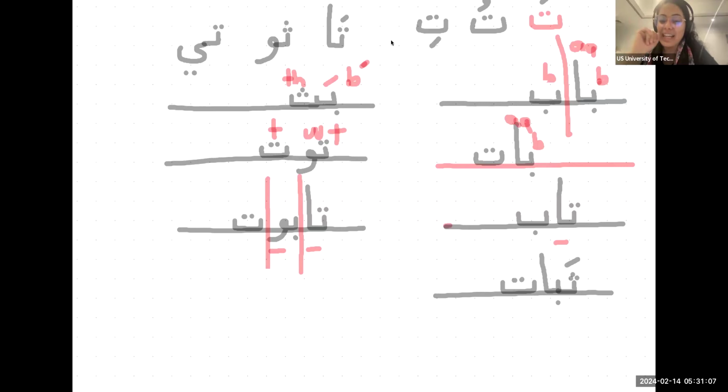If I want to read it thabat, I just remove this long vowel and put it like that and connect it to the ta, and it will be thabat. But if I want to make it thabaat, I put the long vowel. Okay? Perfect. Amazing.